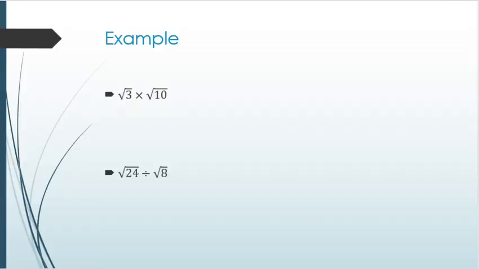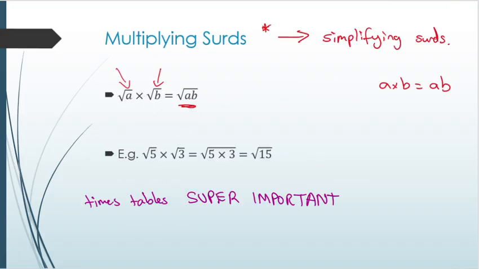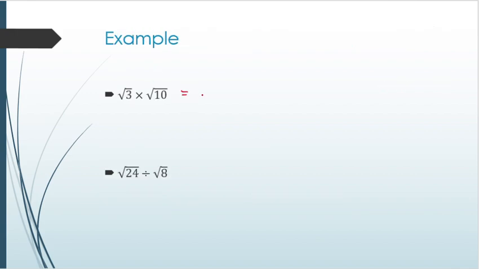Now over here, I'll just go over it very simply. I have square root of 3 times square root of 10. If I were to go back to my formula right here, as you can see, just based on my example, I'm just multiplying the two numbers together. So over here, I'm just going to do square root of 3 times 10, and 3 times 10 just equals 30.